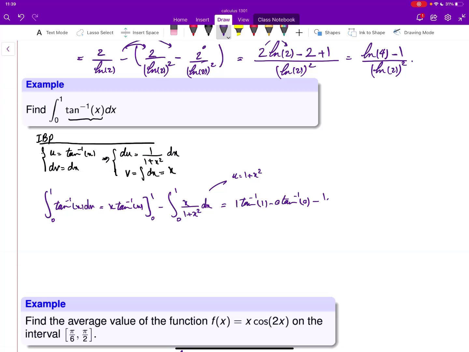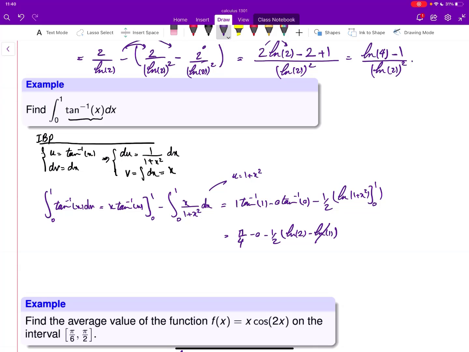And for the second part, what we will find is that this is half of 1 plus x squared, going from 0 to 1. And well, tan inverse of 1 is pi over 4. That part is 0 minus half of a ln of 1 plus 1, which is ln 2, minus a ln of 0, which is ln of 1 plus 0, which is ln of 1.